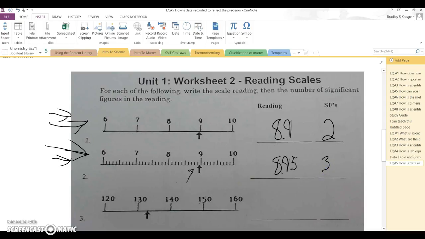So again, the idea is that I am going to record data. In the first one, the data I recorded was 8.9, and it had 2 significant figures. And in this example, for this instrument, I recorded 8.95, which had 3 significant figures.